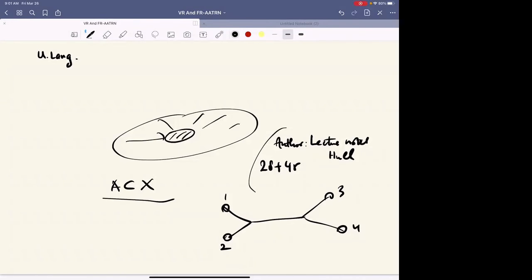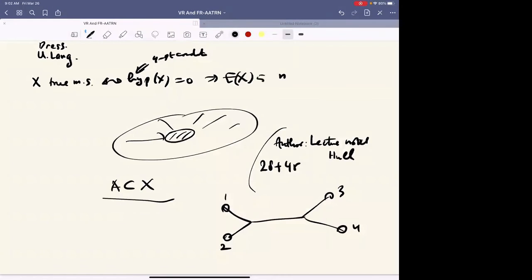But first it was proven by Dress, I think, not so long ago. So this is true: if X is a 0-hyperbolic metric space, namely hyperbolicity of X is 0, and hyperbolicity here is defined via the 4-point condition, then the tight span of X is a metric tree.